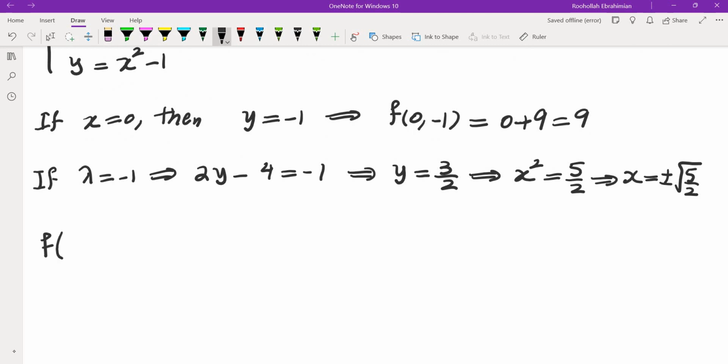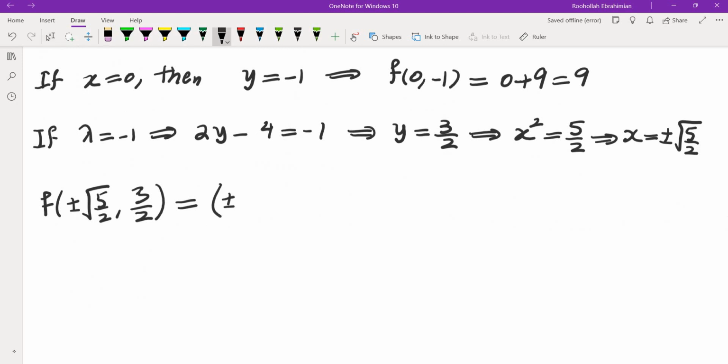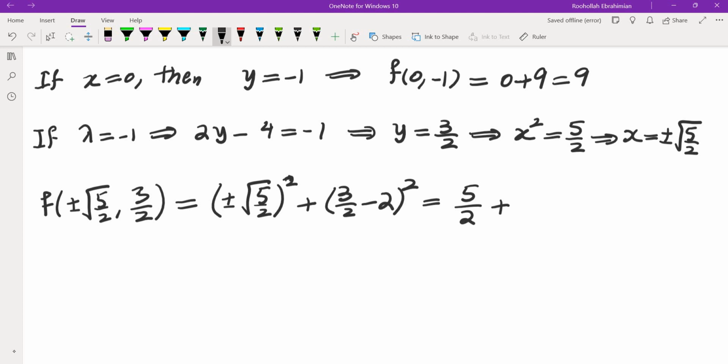Now if we evaluate f at plus or minus root 5 over 2 and 3 halves, we get x squared plus (y minus 2) squared. That's 5 halves plus (3 halves minus 2) squared, which is (-1 half) squared. That's 5 halves plus a quarter, which is 11 over 4.